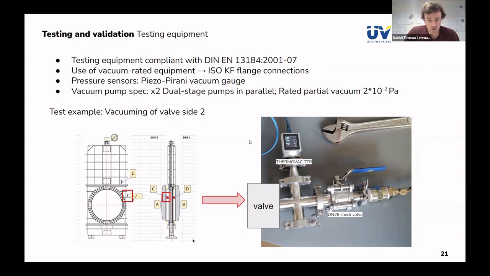As you can see in the image, the way we measured vacuum now, specifically on site 2, is flanging a pressure sensor to a check valve, which is then trapping the volume once we close the check valve.